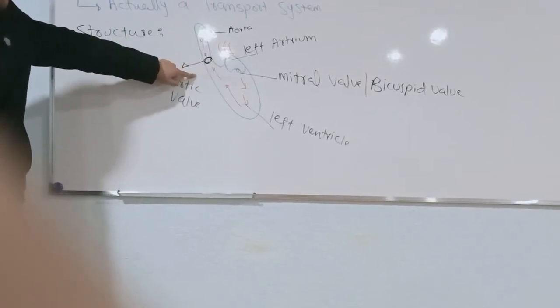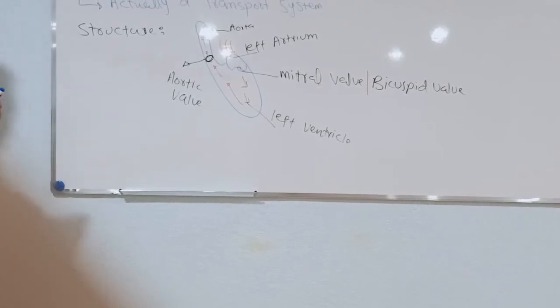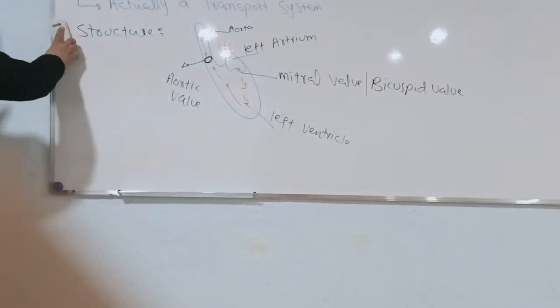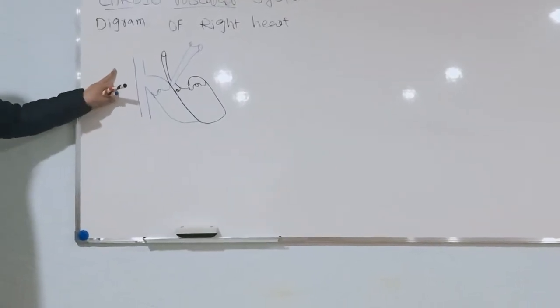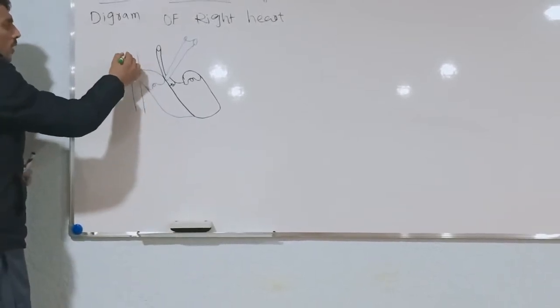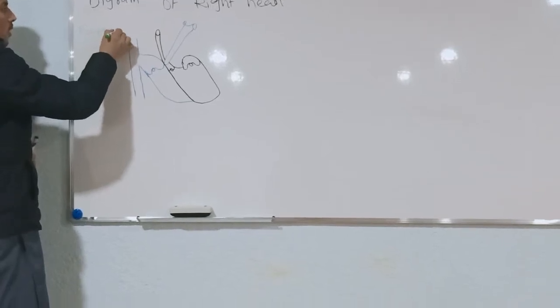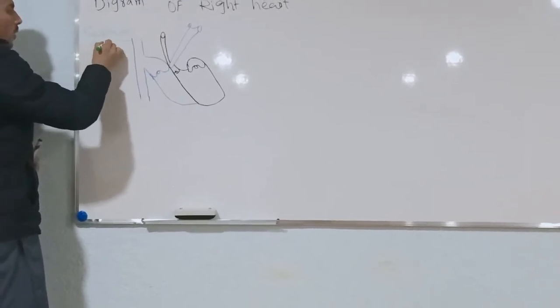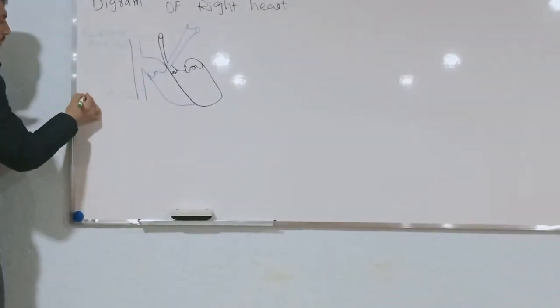And when the left ventricle contracts and pushes the blood to the aorta, through which valve? Through the aortic valve. Now the next structure is the right heart. If we see the diagram of the right heart, this is the superior vena cava, and this is the inferior vena cava.